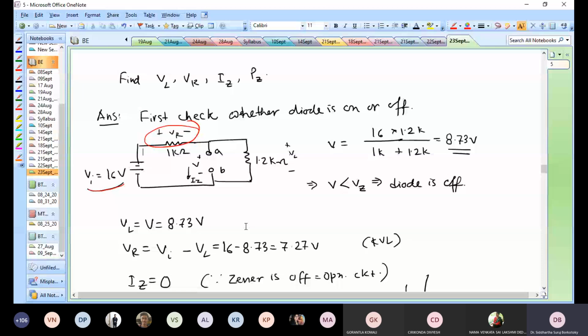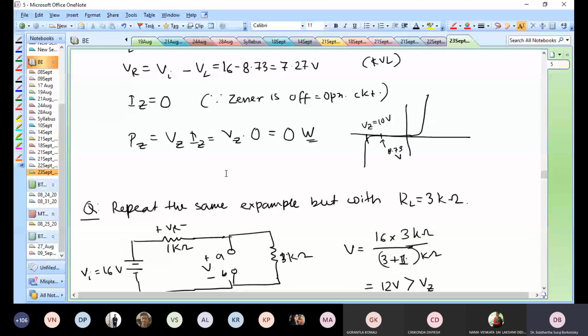Okay. But now, the next question is: just do the same thing, but with a load resistance of 3 kilo ohms. First, just to make an extra point that I forgot to make, but I made it yesterday. When you are looking at the Zener diode, this axis is the voltage across the diode.